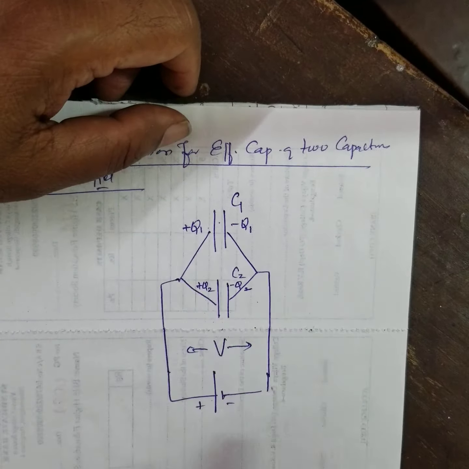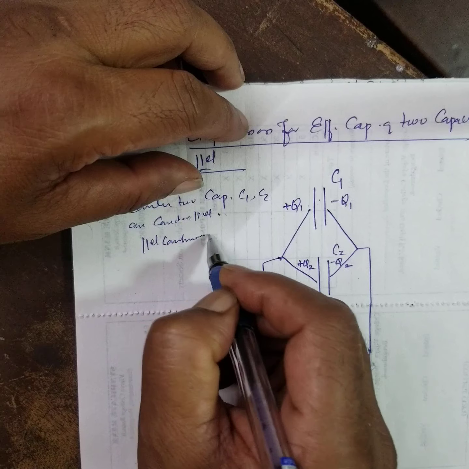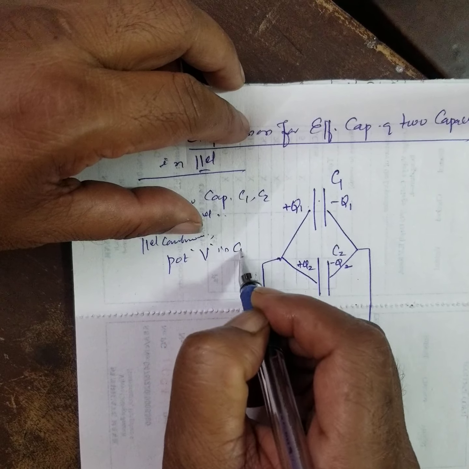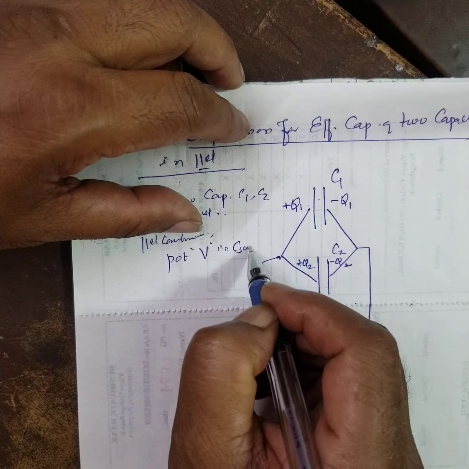Here, consider capacitors C1 and C2 connected in parallel. For any parallel combination, the potential is same or common.